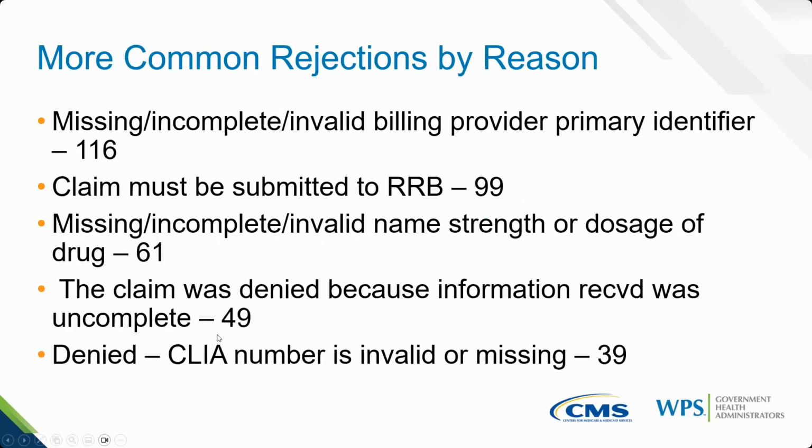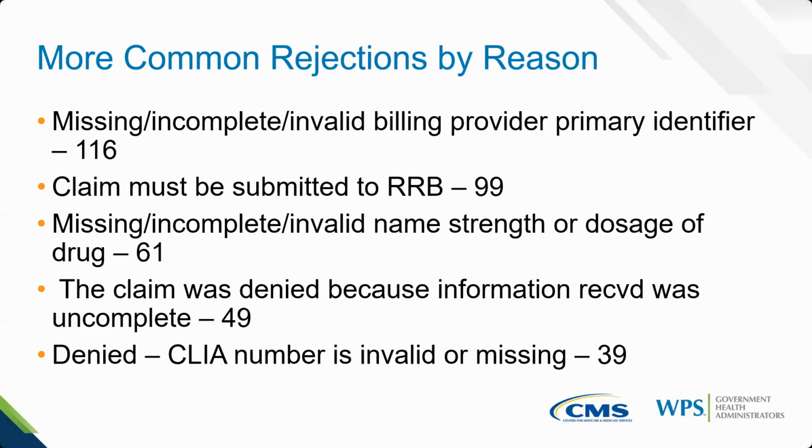Here are the other common rejections: missing, incomplete, invalid billing provider identifier 116. So look for that billing provider number. Is it incomplete? Is it missing? Fix it, resubmit it. Next one, claim must be submitted to Railroad Retirement Board. That's what RRB stands for.